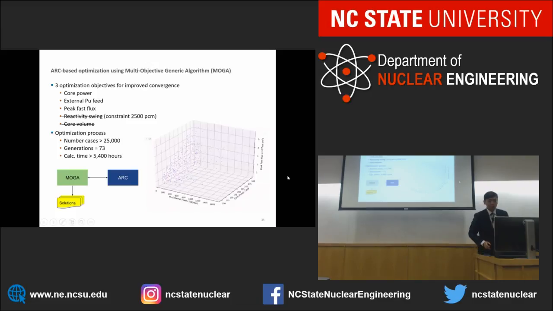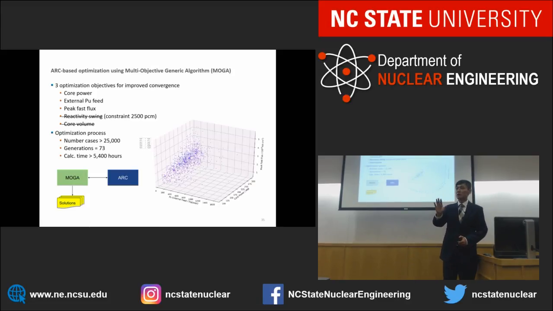So this is how it looks. The three axes here show the three objectives: plutonium feed, core power, and peak fast flux. I start my first generation. As you see more dots coming in, that means more generations are being created and joining this design space. You can see different colors start to show, and this shows more generations going on.